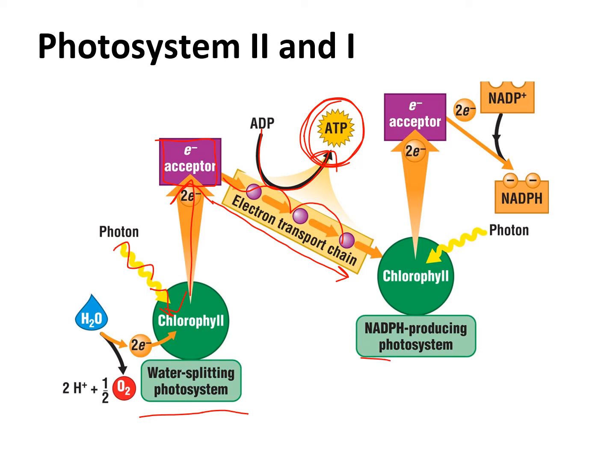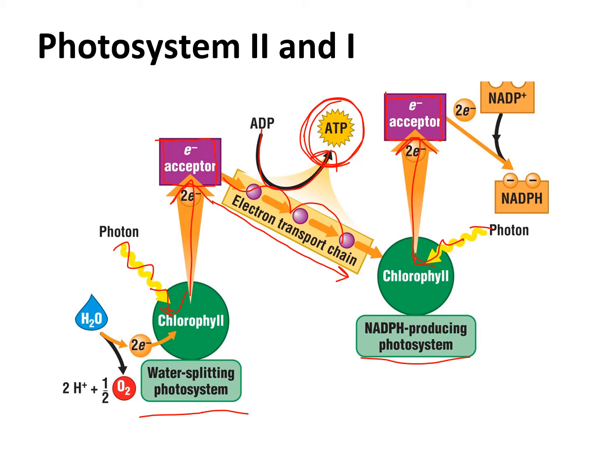Photosystem 1 is the NADPH producing photosystem, and it is very similar. The photons come in, they transfer their energy to electrons on the pigments in that photosystem. The electrons get so excited they leave the reaction center chlorophyll and go to the electron acceptor.